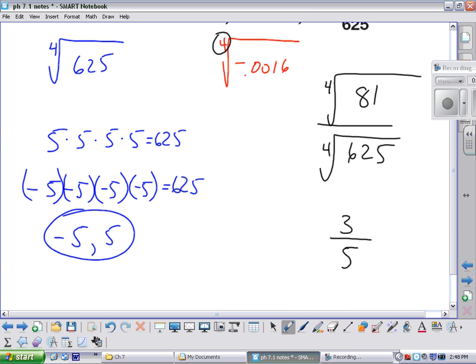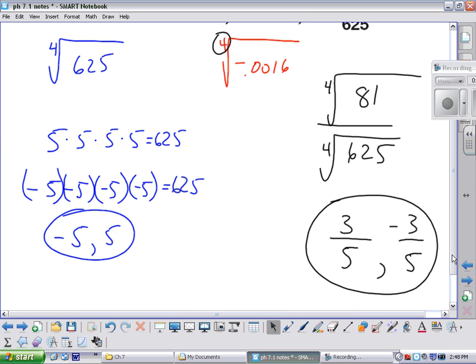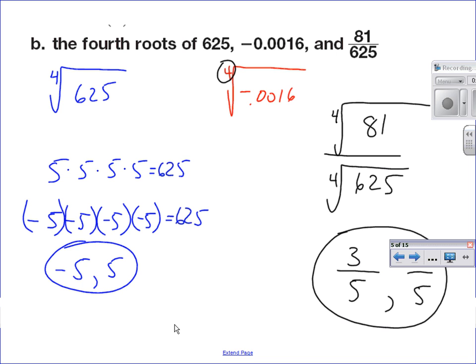So 3/5 and negative 3/5 are your answers. Both of those will, in fact, if you multiply that by itself 4 times, get you 81 over 625.